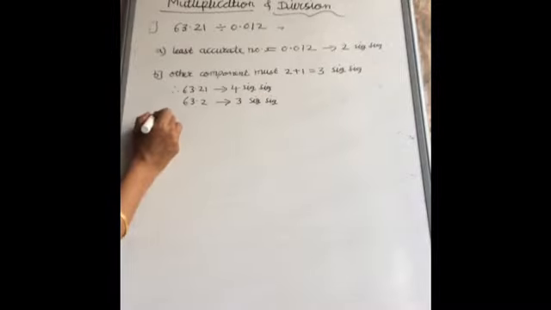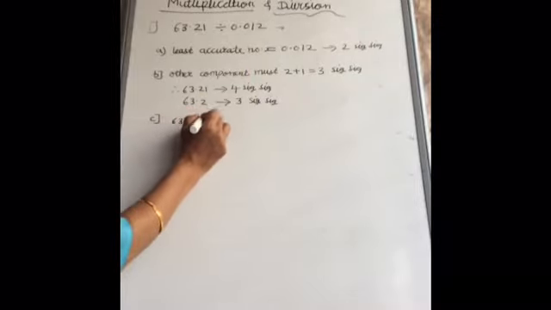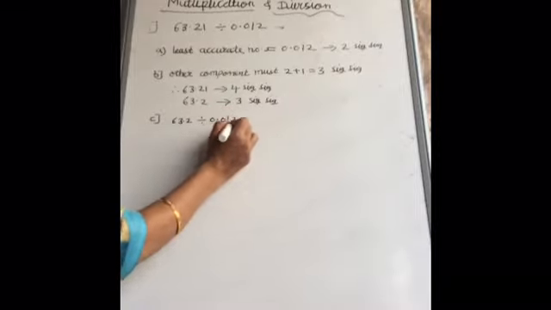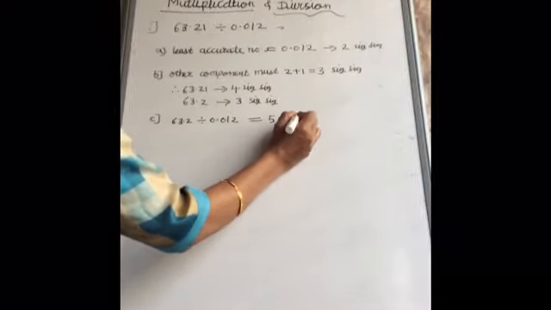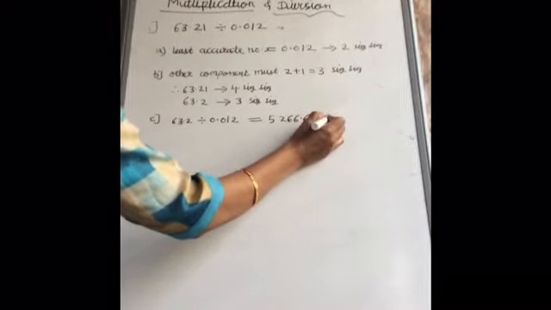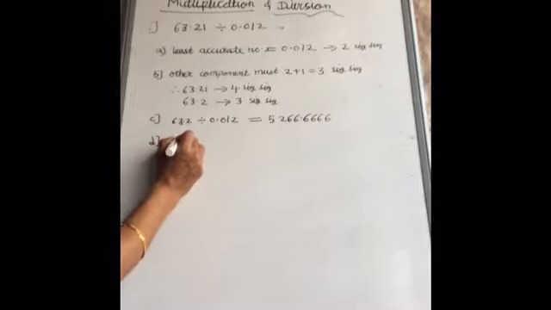Now divide: 63.2 divided by 0.012. Its answer is 526.6666.